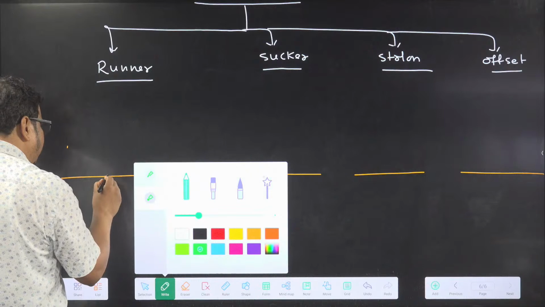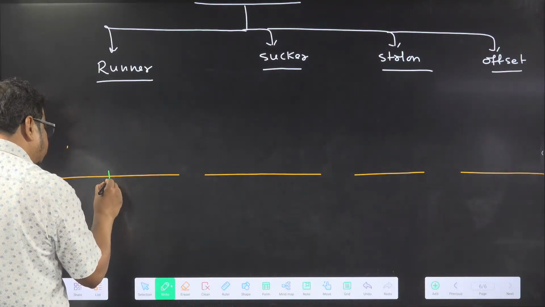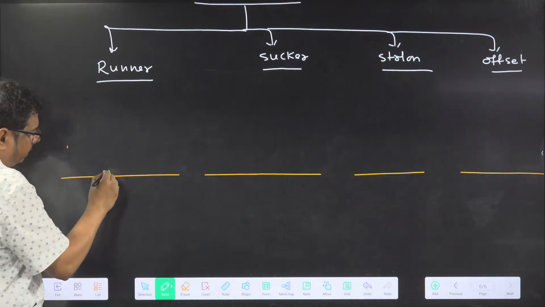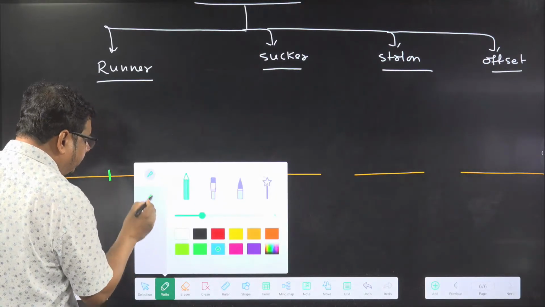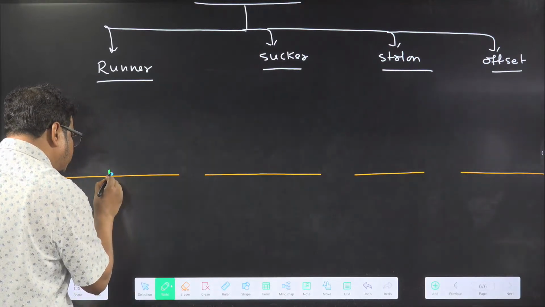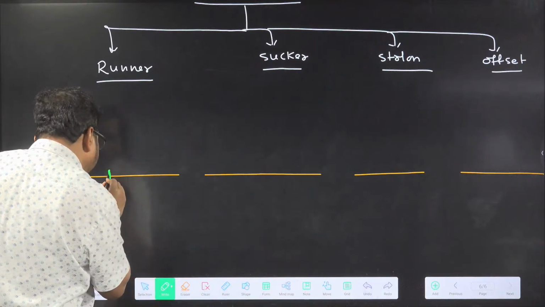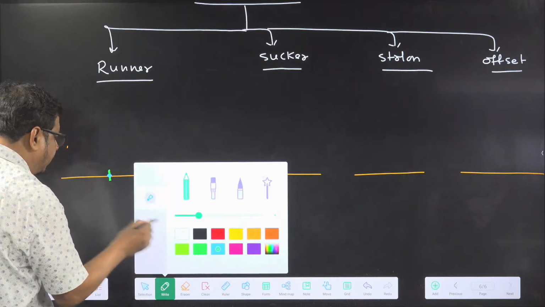In runner, what happened? This is the stem. At this stem, here what is this? A node is there. So in the basal part of the stem, what is arising?